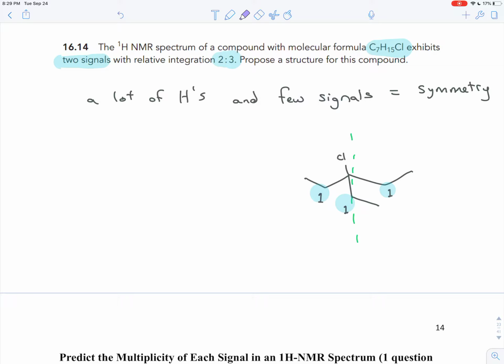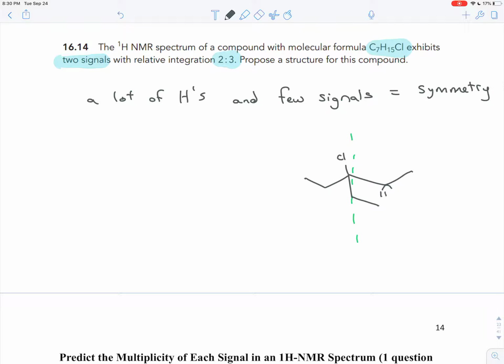Then you have hydrogens that are on the CH3s, 2 carbons away from the carbon with the chlorine. That's a 2nd electronic environment. So here there are only 2 electronic environments and so only 2 signals. And notice the ratio of the hydrogens to each other.